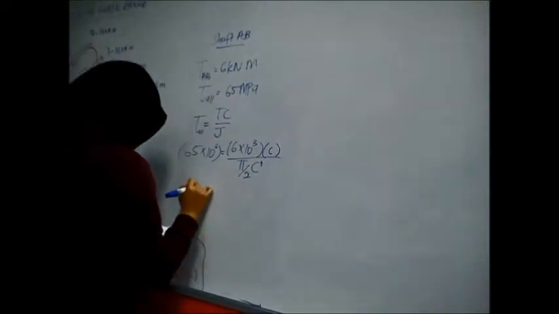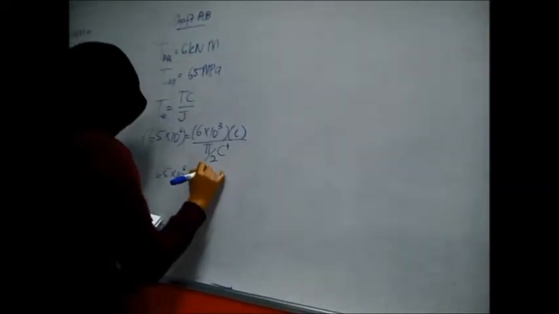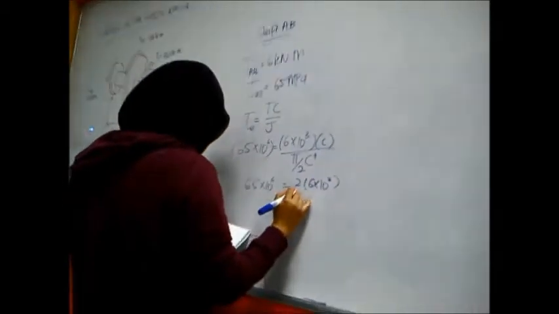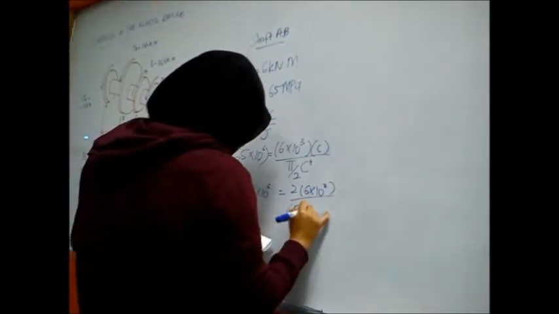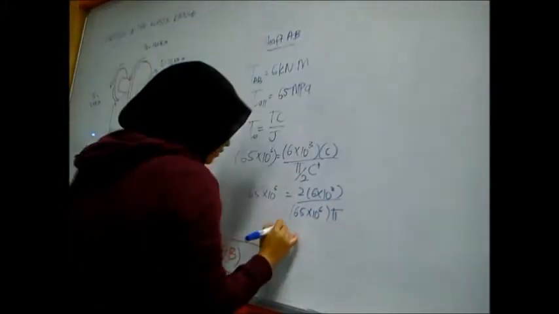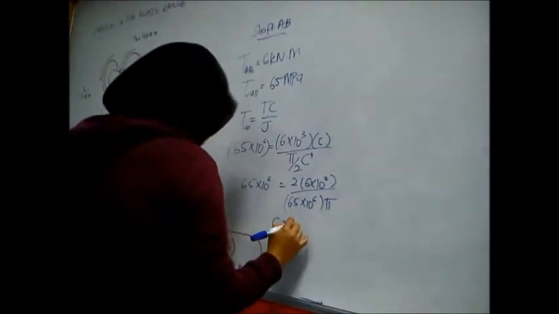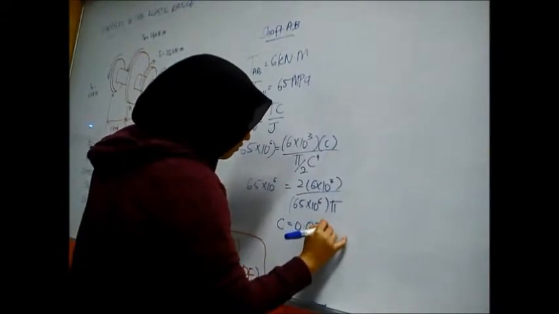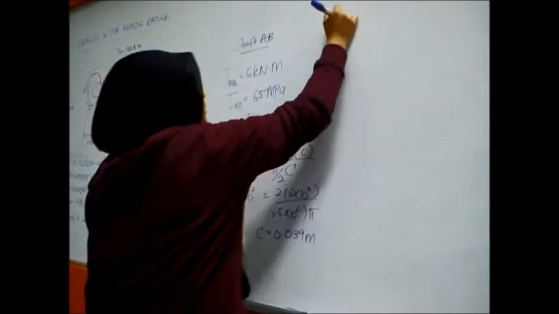So when we calculate it, you will get c is equal to 0.039 meter. This is for shaft AB.